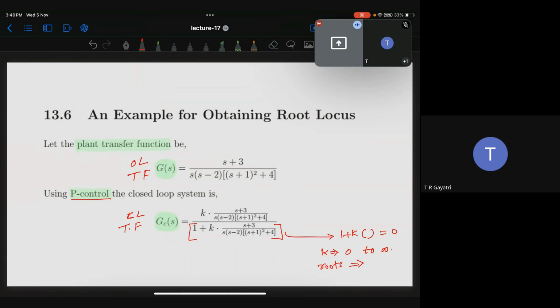But using the root locus technique, we want to get that root locus using the open loop transfer function. So for the P controller, K of s is k. Sorry, this is not open loop. Open loop transfer function means g of s, k of s. Clear? Yes, sir. So we'll start.